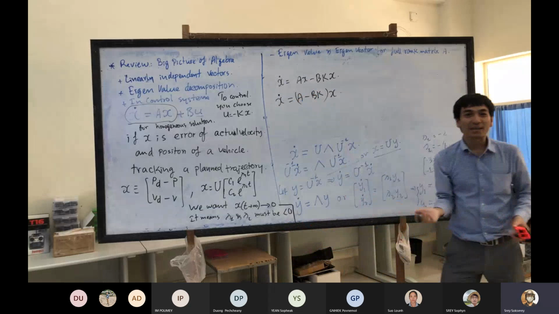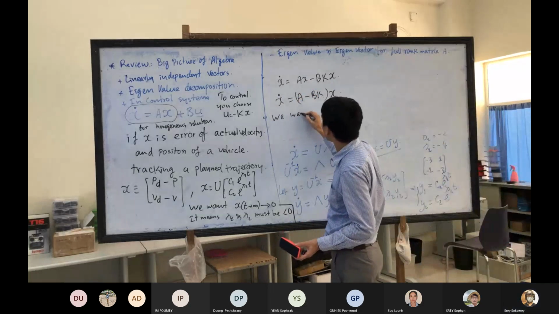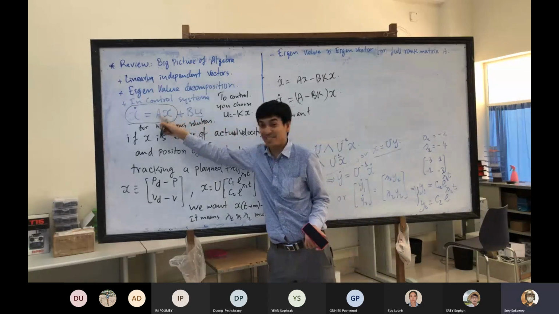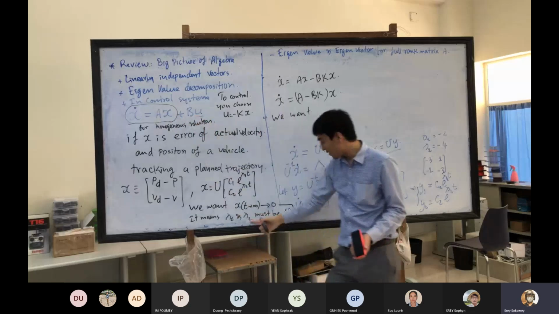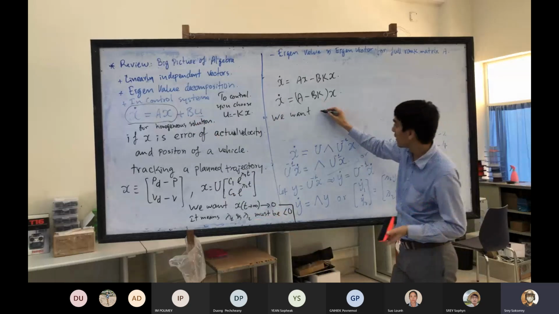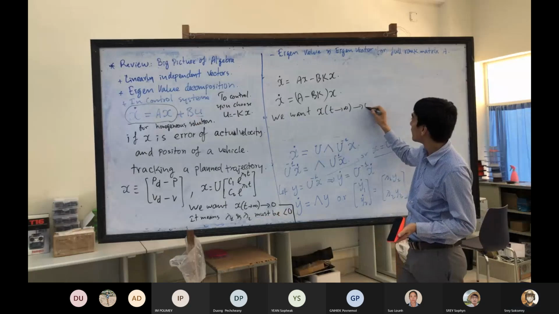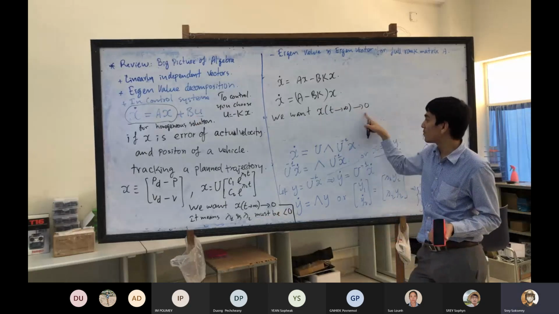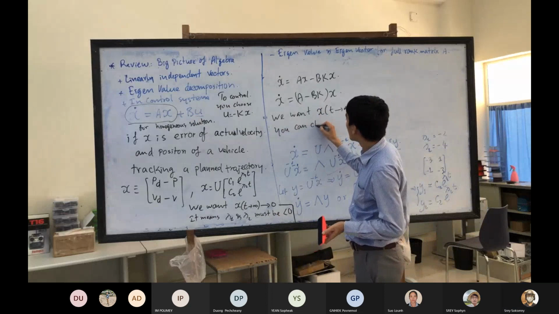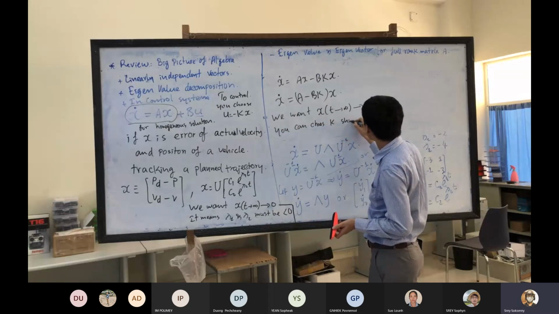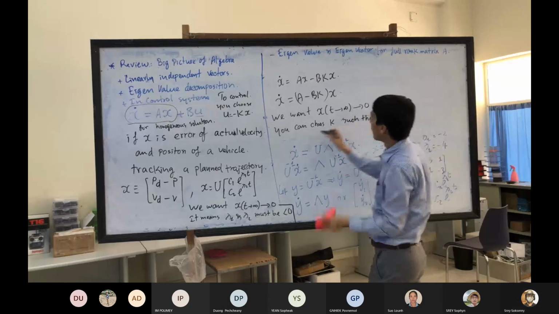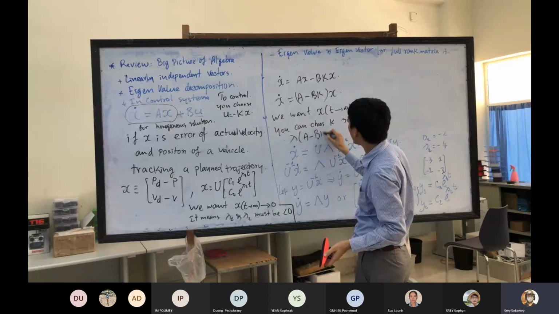For the system without control, sometimes we want stability but cannot get it, because it depends on the nature of the system. But now you can control it by choosing K. You want x of t, which is the error, to go to 0 as t goes to infinity. So you choose K such that the eigenvalues of A minus BK are negative.